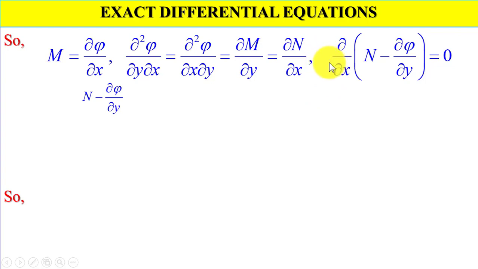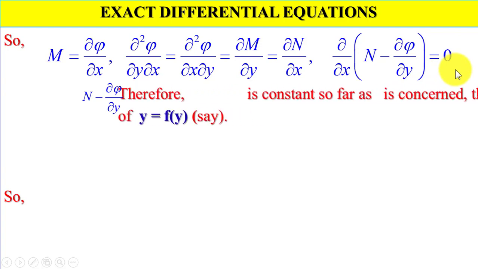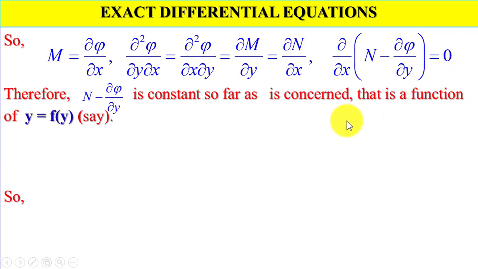we have ∂/∂x (N minus ∂phi/∂y) is equal to 0. Therefore, N minus ∂phi/∂y is constant so far as x is concerned, that is, a function of y, say f of y.